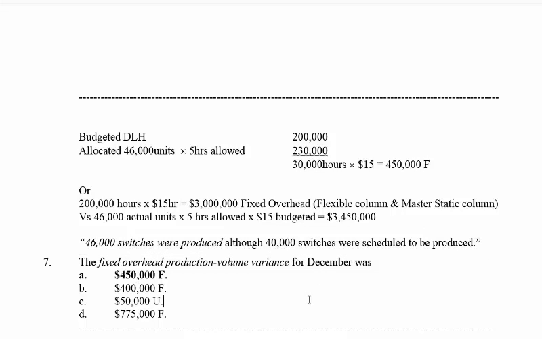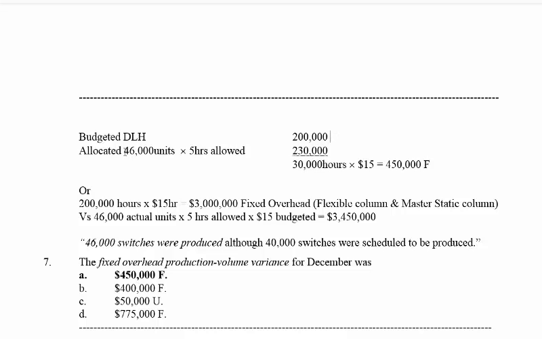But as we go about producing these, we are going to be allocating based on the allowed hours and our actual rate that we have calculated in our budget. Our budgeted direct labor hours is 200,000 hours per month. But again, this number was based off of 40,000 switches.